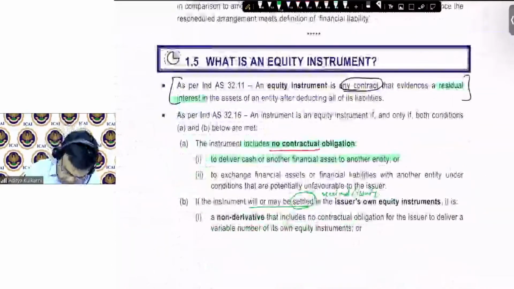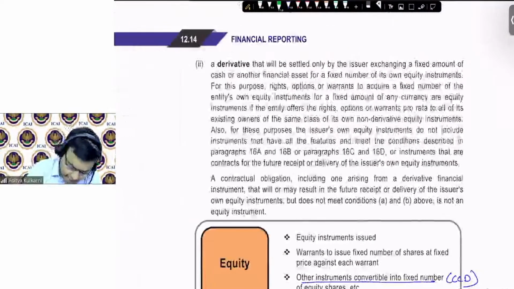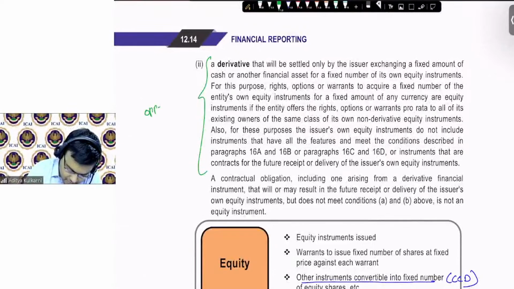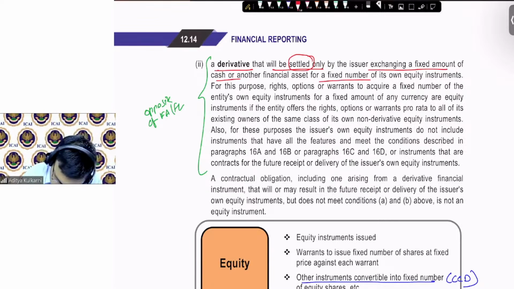Basically, this is the opposite of what you find in financial asset and financial liabilities. You can see the wordings here. A derivative that will be settled only by the issuer exchanging a fixed amount of cash for a fixed number of its own equity instruments.